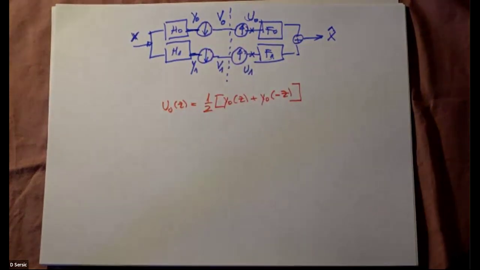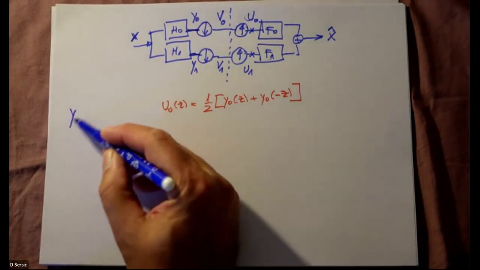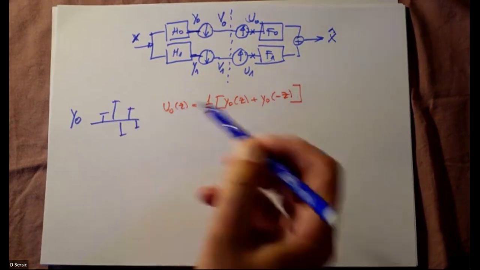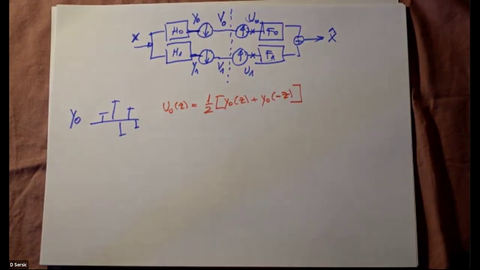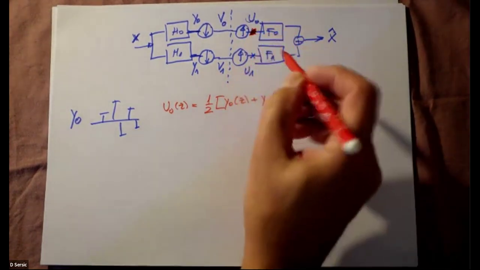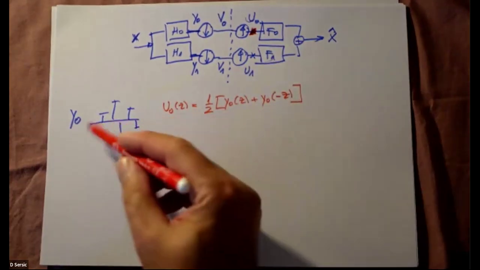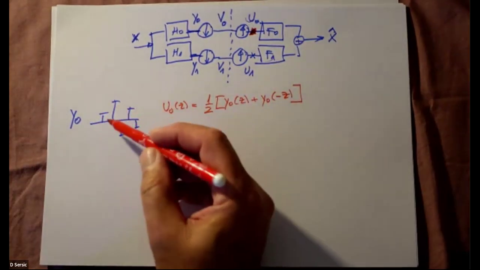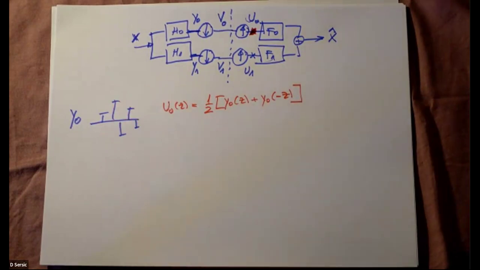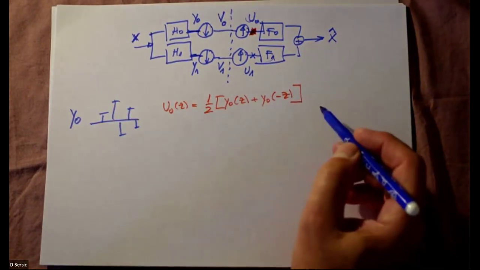So let's say the input Y0 could look like this, and what happened there? Instead of every second sample, we actually insert zeros.